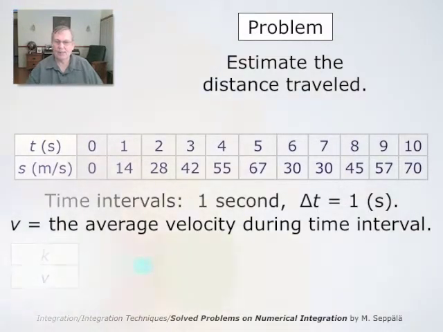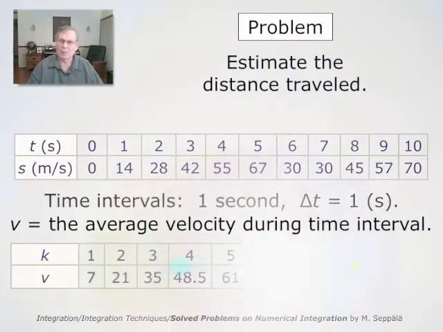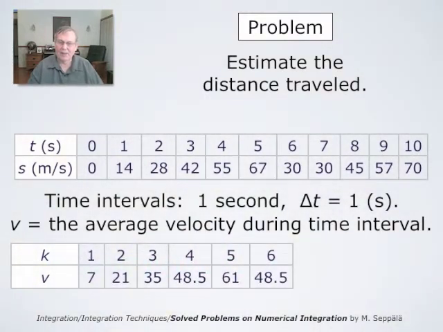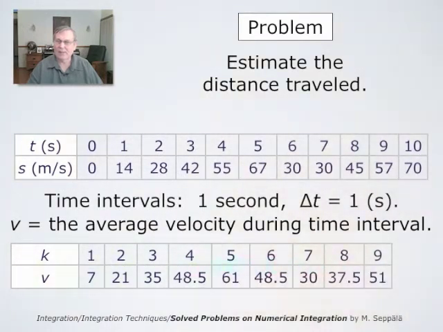So the average velocities can be easily computed. They are averages of the speeds at the endpoints of the corresponding time intervals, and we get this table of the average speeds. For the first time interval, the average speed is 7, then 21, 35, and so forth. This is just mechanical computation.